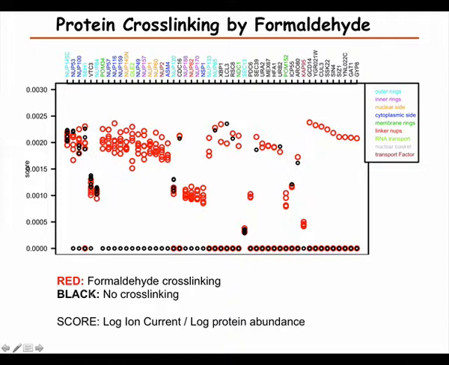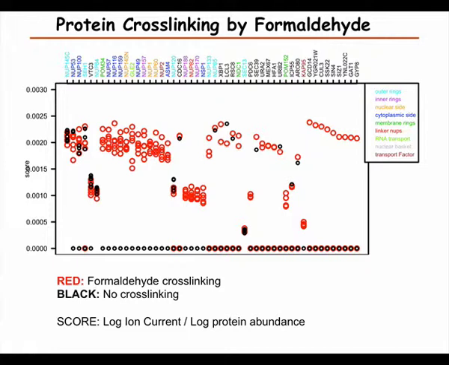But if we do formaldehyde cross-linking, which is shown in red, we pull out almost the whole nuclear pore complex in one go. And it becomes much cleaner. So this is something that people are experimenting with more and more.